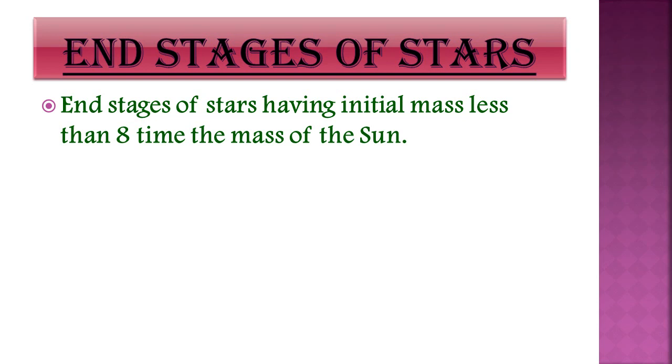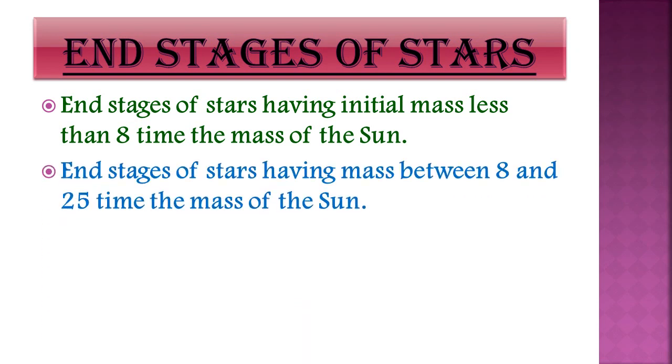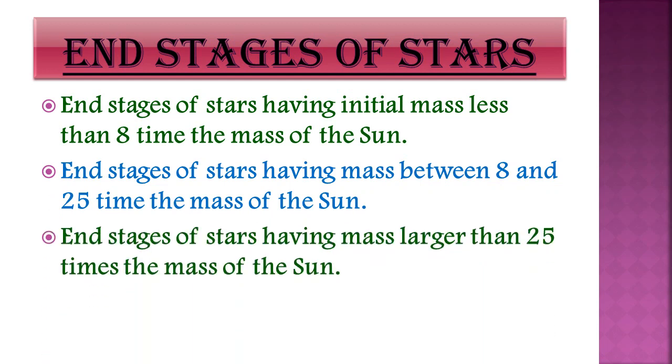Second is the end stages of stars having mass between 8 and 25 times the mass of the sun. And last is the end stages of stars having masses larger than 25 times the mass of the sun.